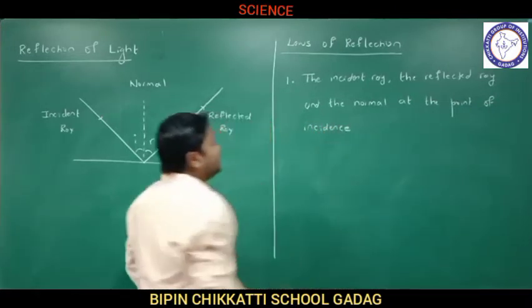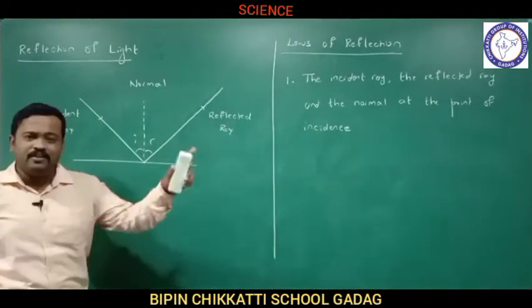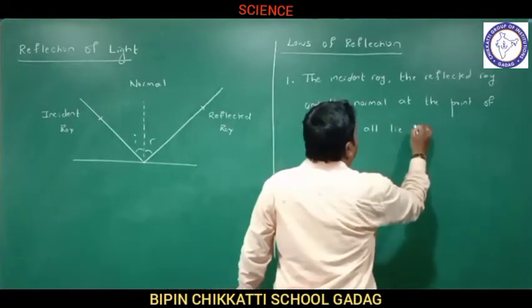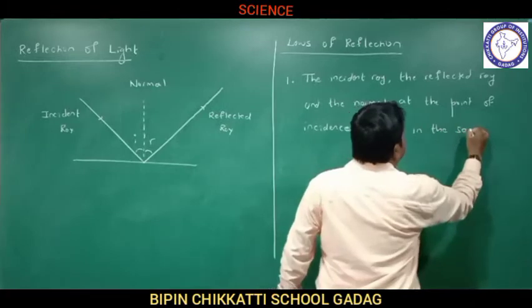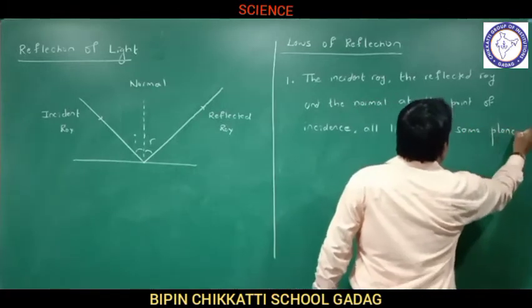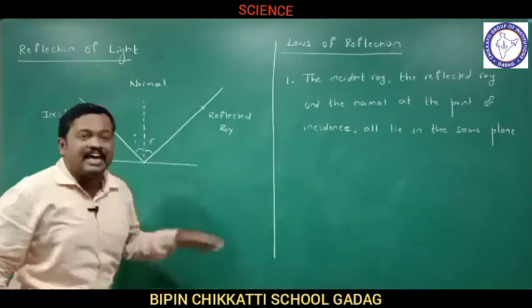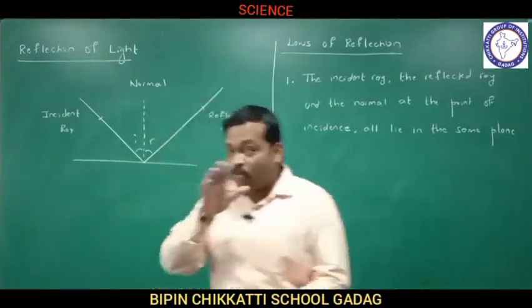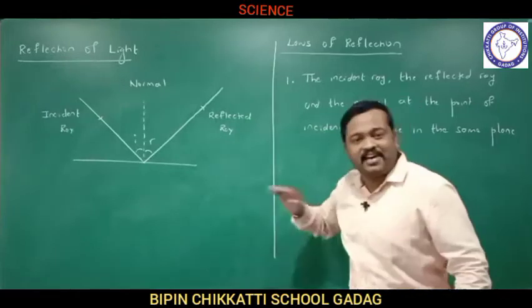The incident ray, the reflected ray, and the normal at the point of incidence all lie in the same plane. What is the meaning of this? What is a plane? This blackboard is a plane.